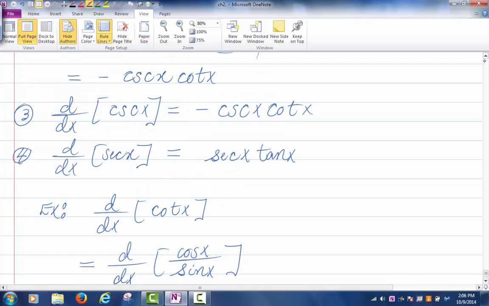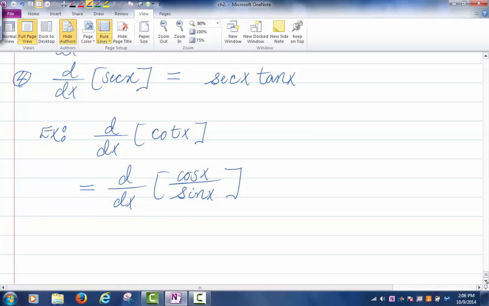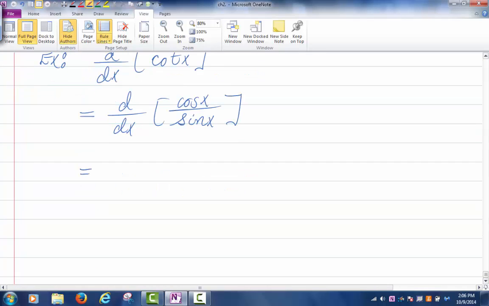And this is equal to, now I have to apply the quotient rule, so let's apply that. I have to square the denominator, right?